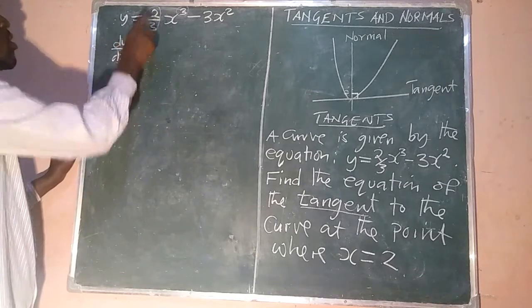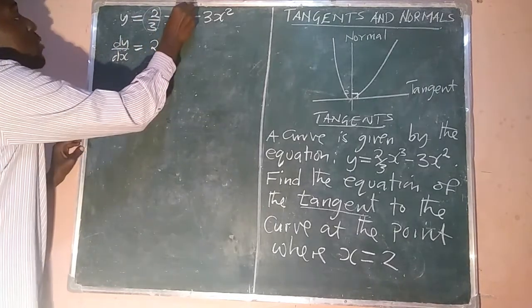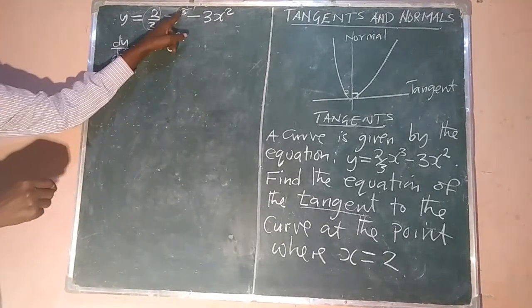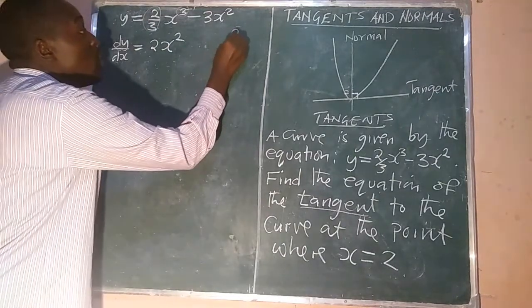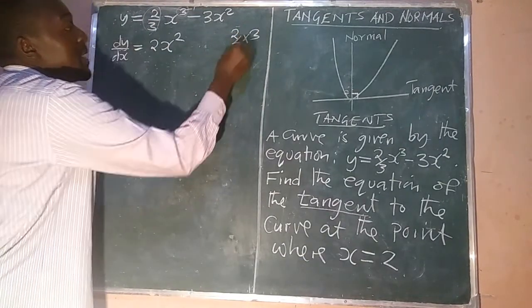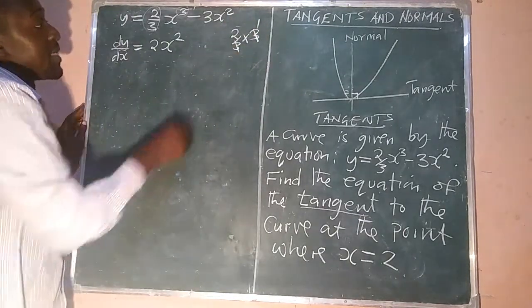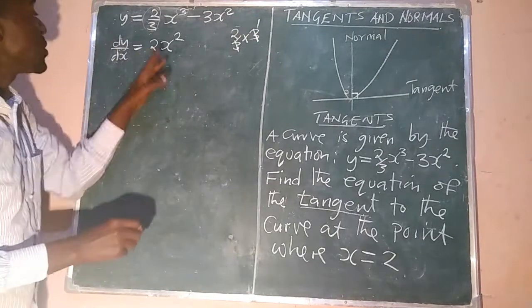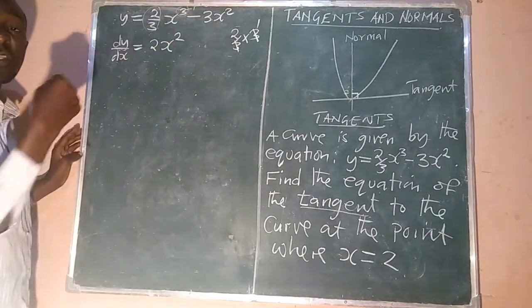So 3 times 2 over 3 will give us 2x, and then you subtract 1 from the power, giving x squared. Let me show you here. 2 over 3 times 3, this 3 will cancel with that one, and then 2 times 1 gives this 2 here. Once you have done this, you subtract 1 from the power. That is how we differentiate.